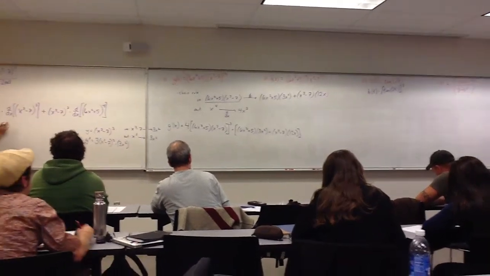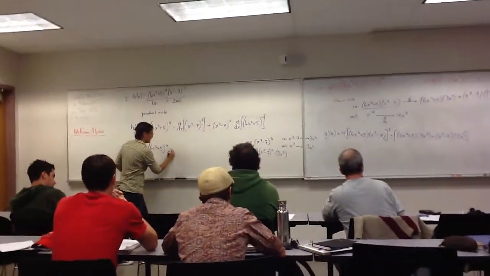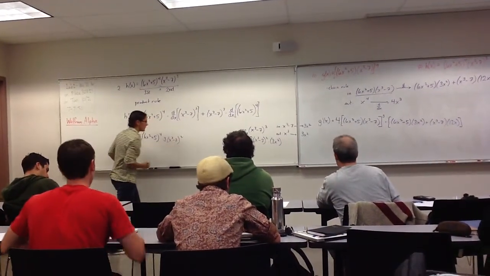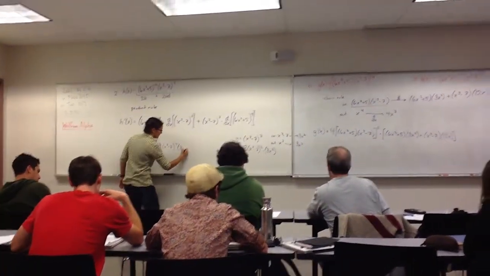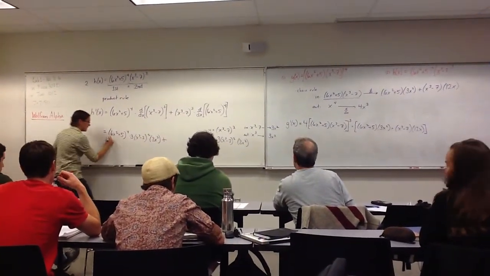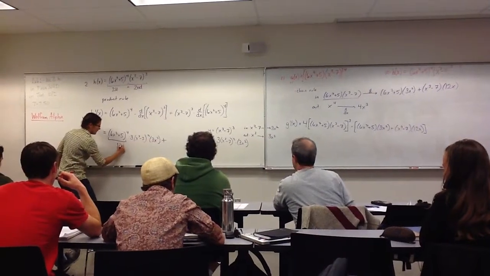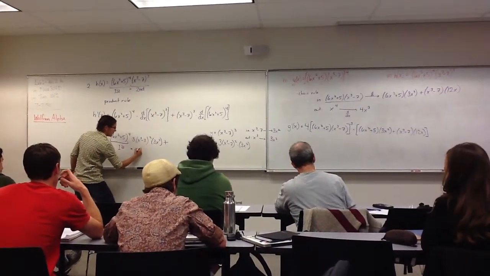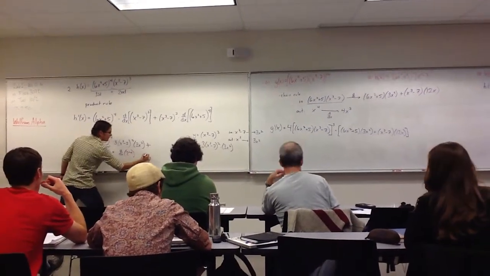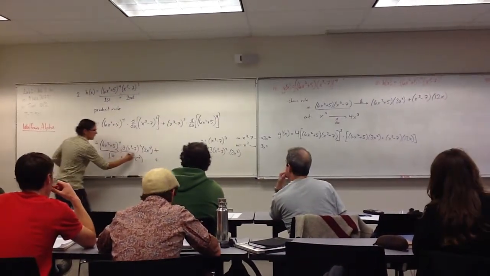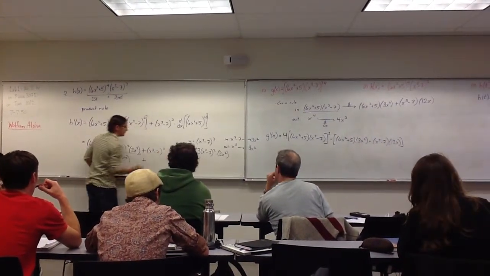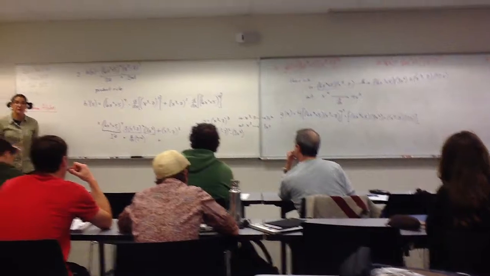So we've got 3 times x cubed minus 7 squared times 3x squared. So this is our first times the derivative of the second plus second, x cubed minus 7 raised to the 3rd, times the derivative of the first.